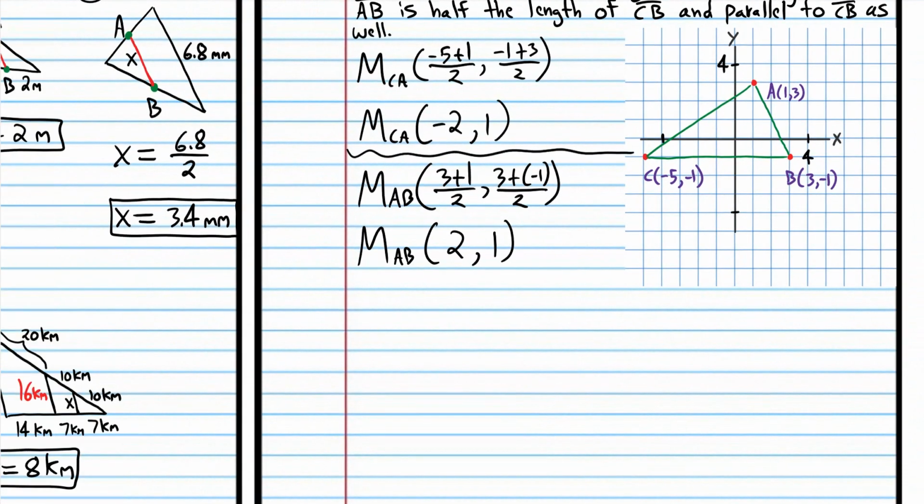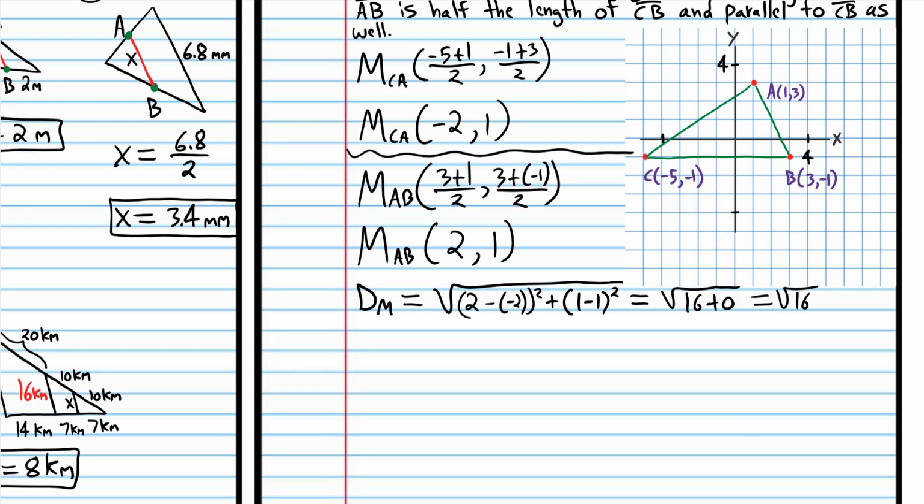So now we're going to find the distance, and I'm just going to write dm, distance or length of the midsegment, and we're going to plug in those numbers, and I'm going to make this point 2, so that would be 2 minus -2 squared plus 1 minus 1 squared, and that gives us root 16 plus 0, which gives us root 16, which is 4. So that length is 4.